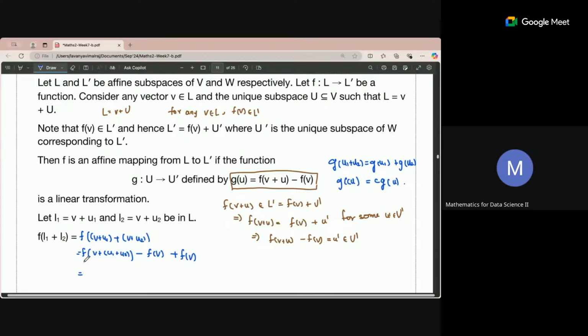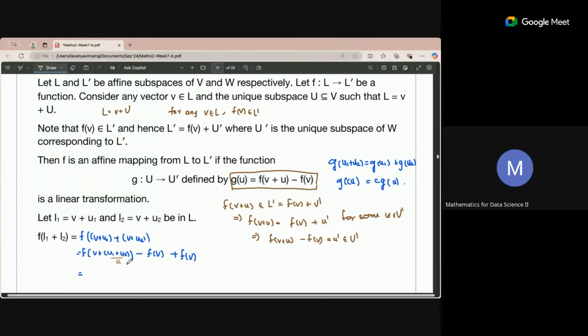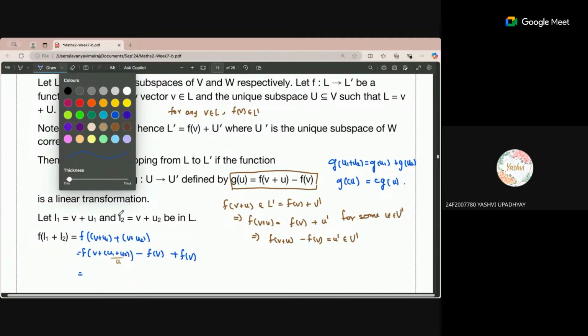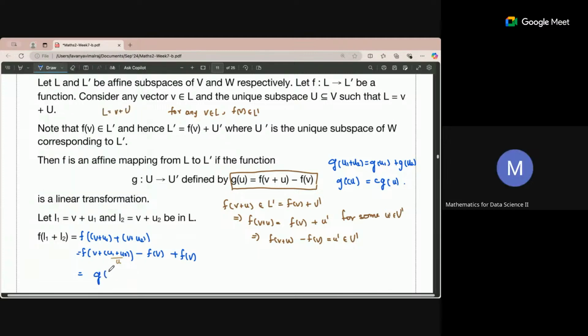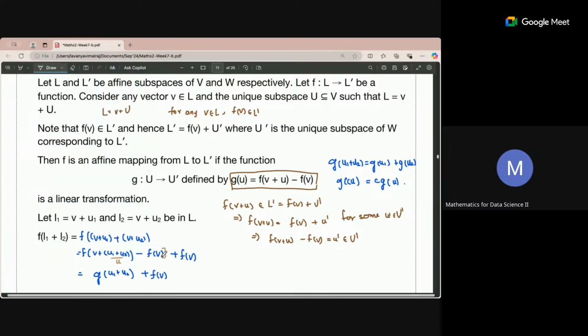Now how can we rewrite the first term? You can add f of V into it. So this is like U now. So f of V plus U minus f of V is G of U. So how can you write this entire term now? G of U plus f of V, where U is nothing but U1 plus U2. So now you have written the first part as G of U1 plus U2. Up to this you understand?